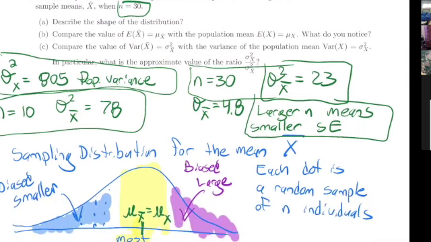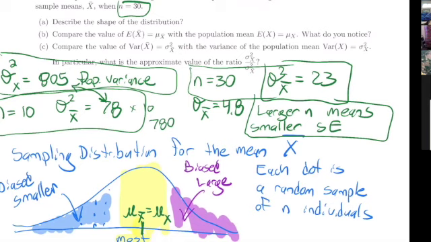Does anyone see what the formula might be here? So the variance when n is 10, if I multiplied this by 10, we would get 780, kind of close to what the population variance is.